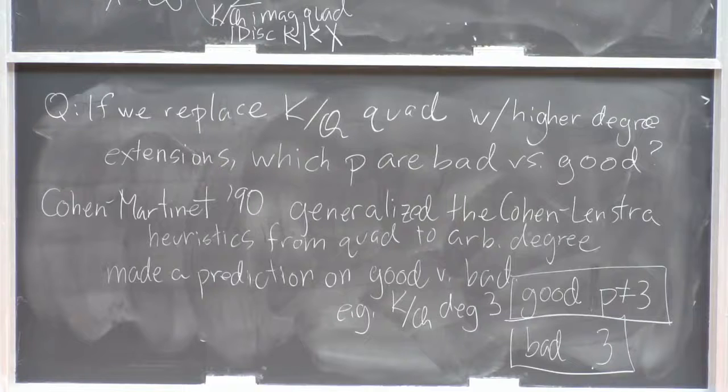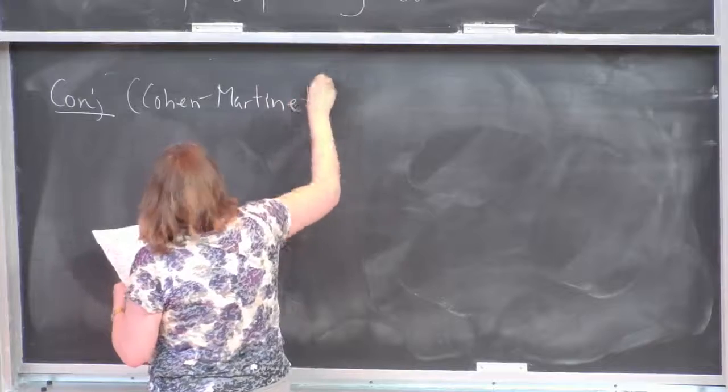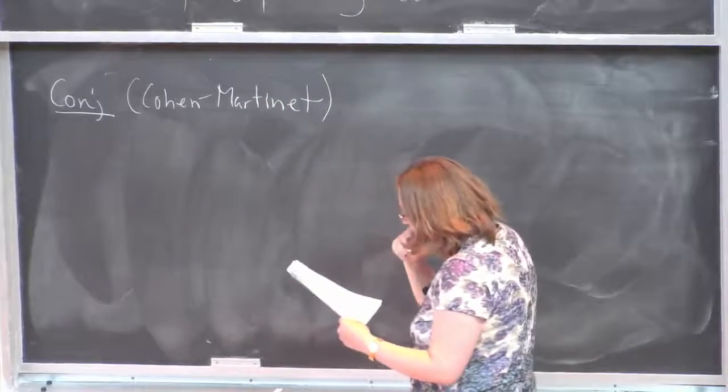Now looking at whether the data agreed with predictions, let me just give a concrete conjecture. Since what I'm saying, good and bad, let me turn this into actual mathematics. So here's an example, a conjecture of Cohen-Martinet.